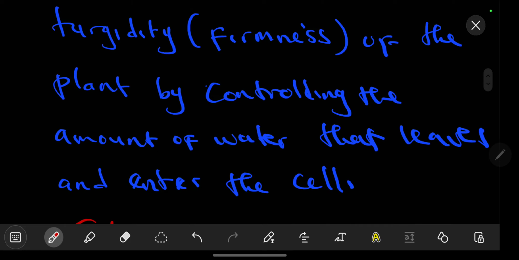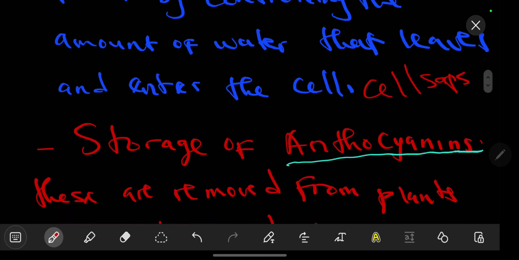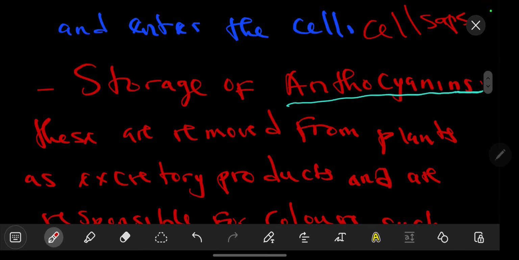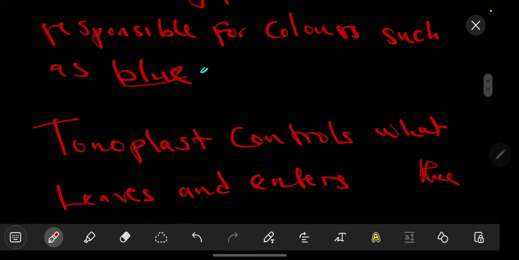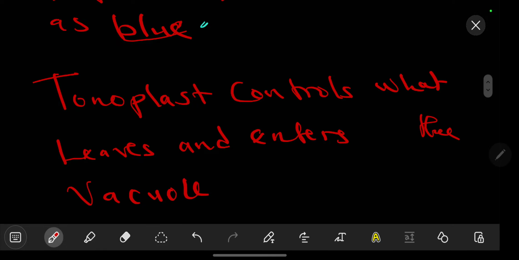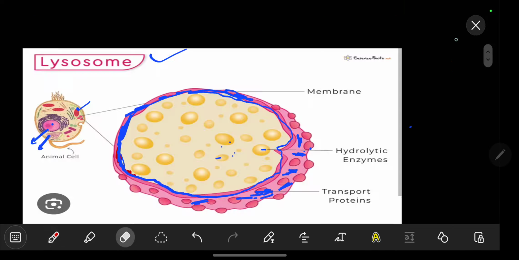This is helped by the cell sap, which is a mixture of salts. They help the water to enter or leave the cell. We also have the storage of anthocyanins. These are removed from plants as excretory products and are responsible for colors such as blue. The other thing that we talked about was that the tonoplast controls what leaves and enters the vacuole. It's more like the cell membrane for the vacuole.